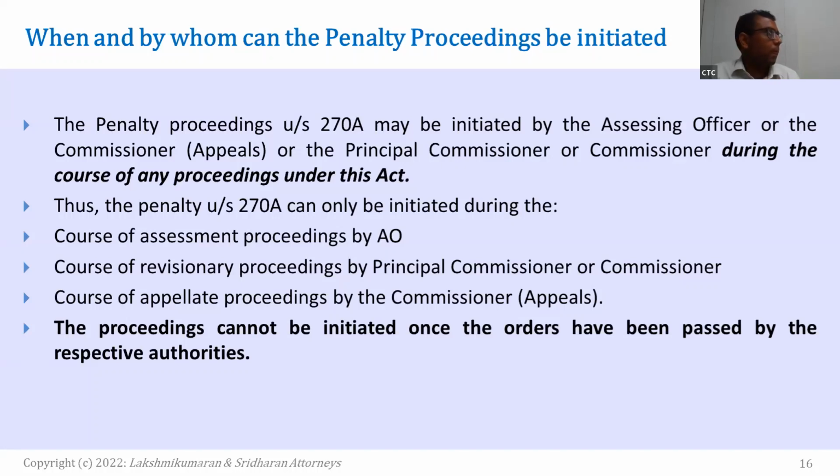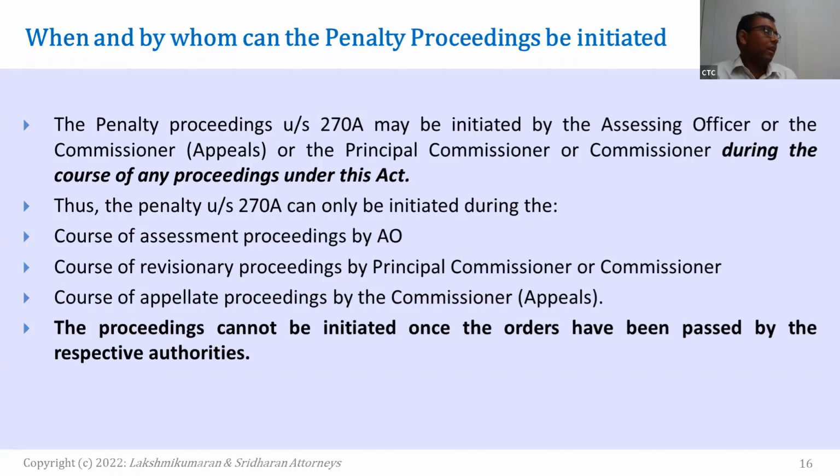First point is, how should the penalty proceedings be initiated? Ordinarily, we have come across cases where the assessing officer, in the course of assessment, will record that I am satisfied there is a fit case for initiation of penalty proceedings. There is a prima facie case for non-disclosure of income or inaccurate particulars of income.